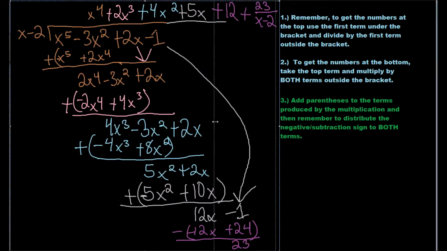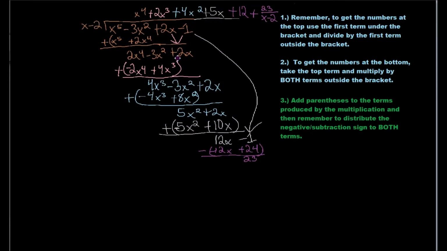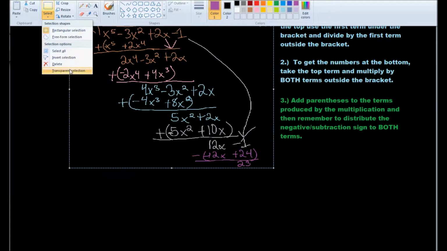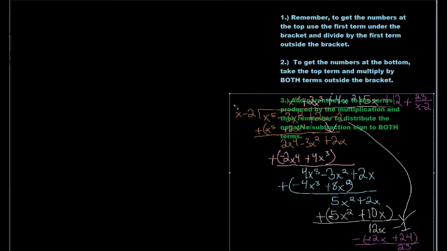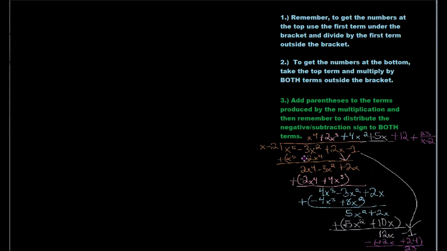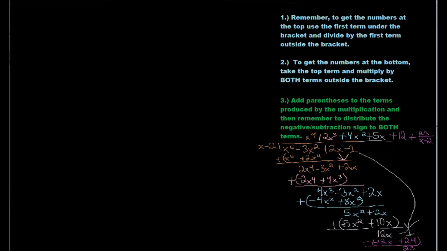The next thing that's going to be demonstrated is synthetic division. Synthetic division can only occur when your divisor is a binomial and has a leading coefficient of 1. Not negative 1, but just regular old 1.